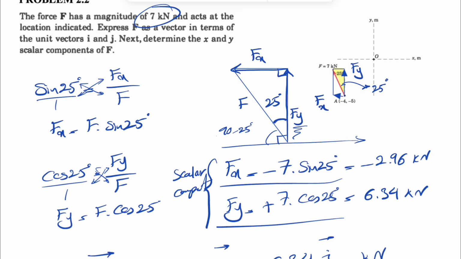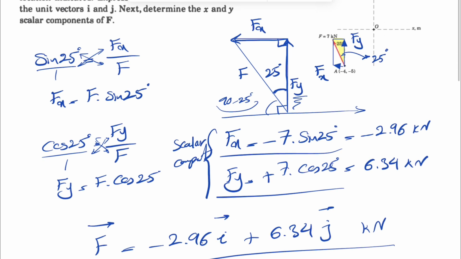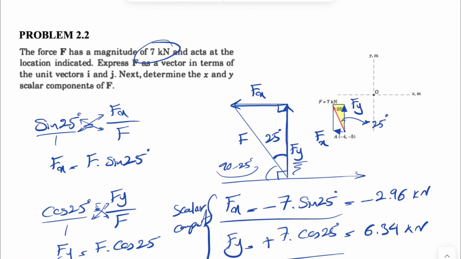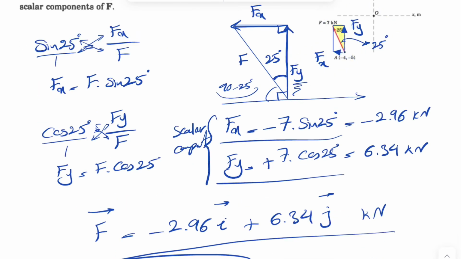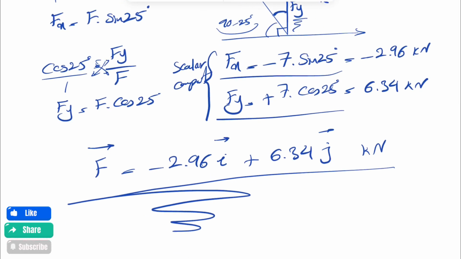In that case, the x component would be cosine of this angle and y would be the sine of that angle. So as long as we watch for these, we should be able to find the components pretty easily, and we just have to watch for the direction of these two forces, see which one's acting along the negative axis and which one's acting along the positive axis, and that's going to be everything for this one.